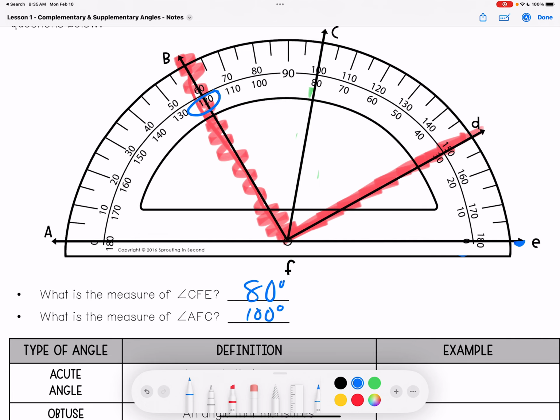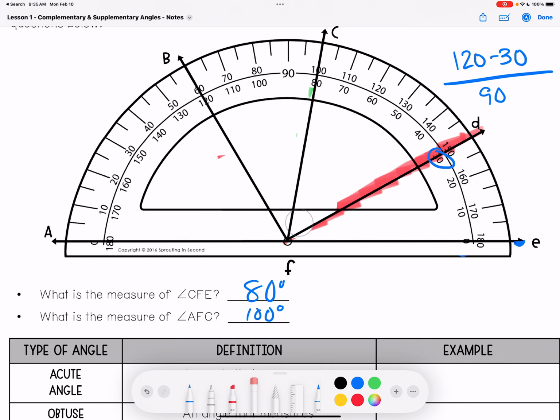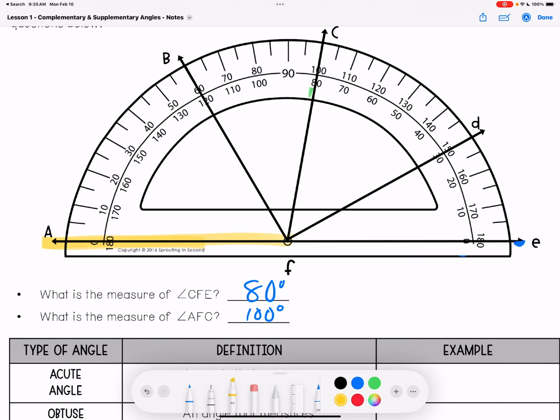So you'd go out to 120 minus 30. And the angle of that one is 90. So you see how you have to subtract them. Why did I have to do that on the others? Because the others went to the 0 mark. And the 0 mark can go either way. Okay?